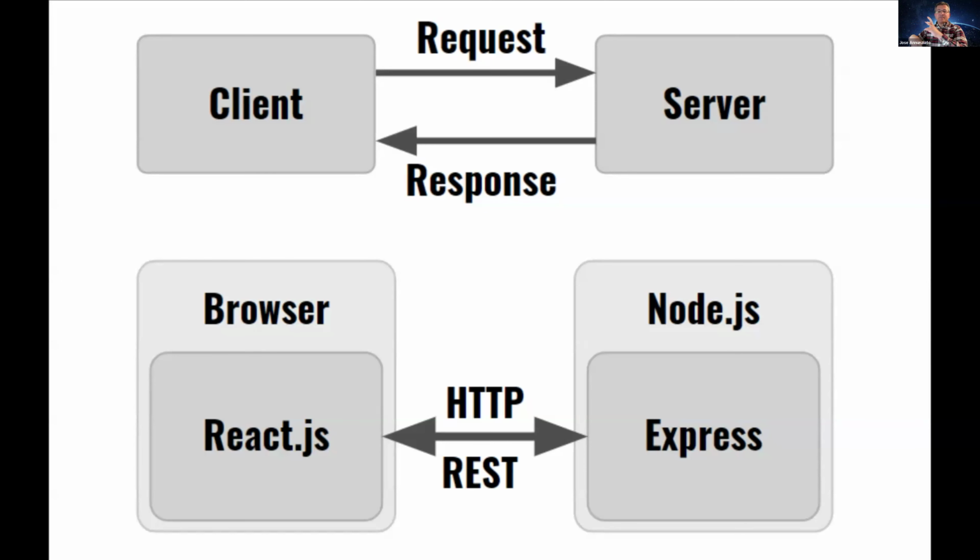The server does some computation, does some work, and then the result of that computation is sent back as a response to the client. Now, in our case, this architecture is very generic, very general. It can be implemented in any number of infrastructures and different technologies. And what we're doing is a very specific implementation of this architecture.